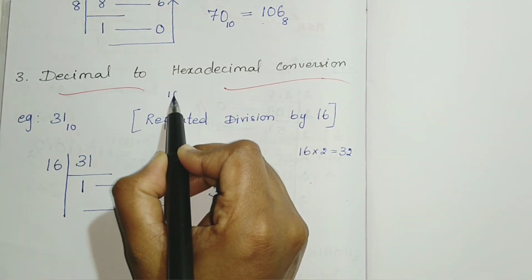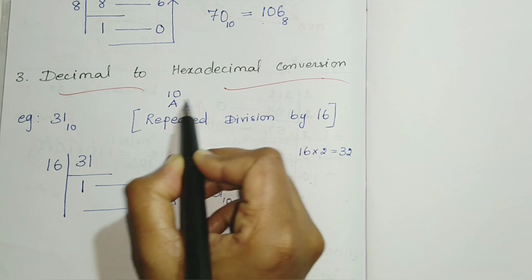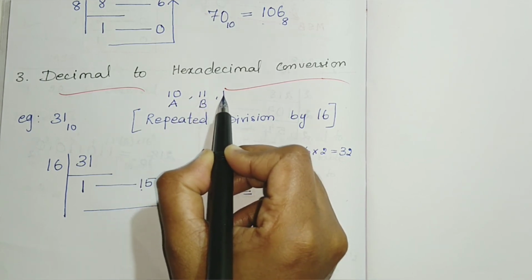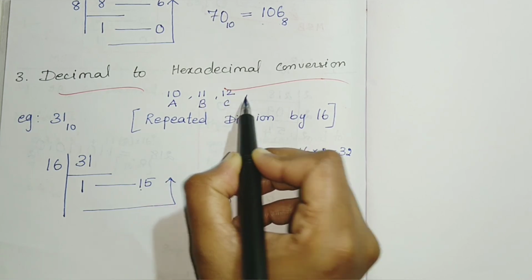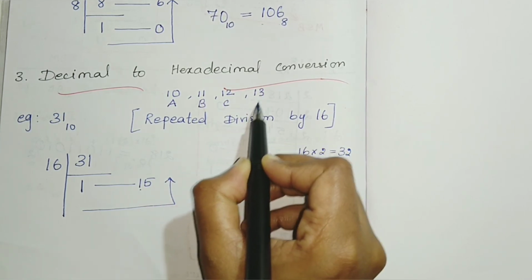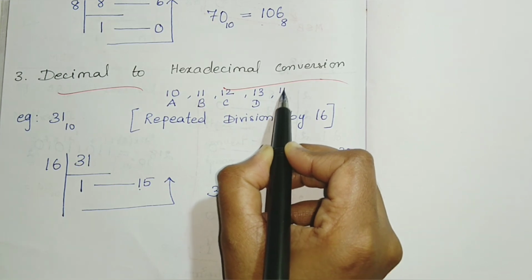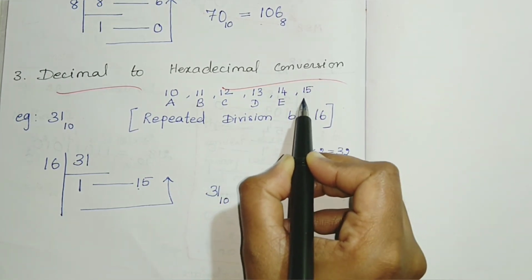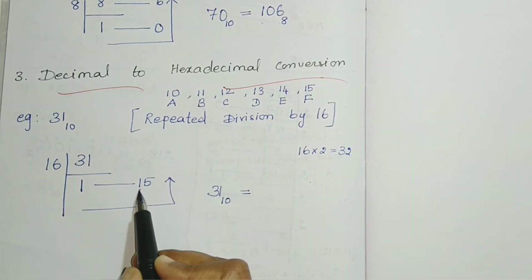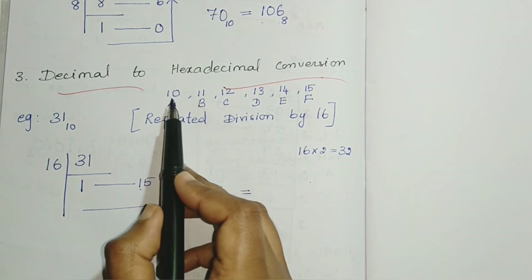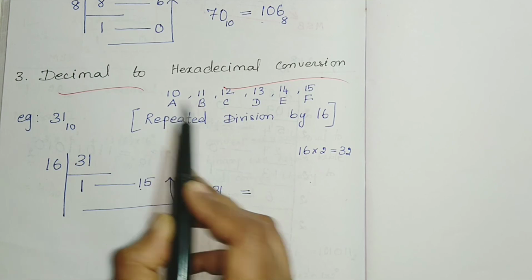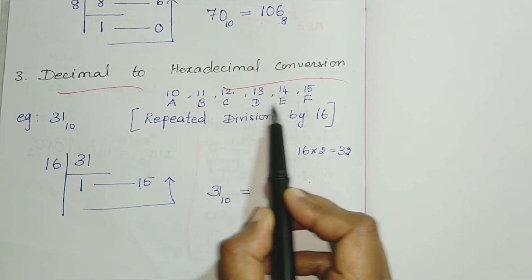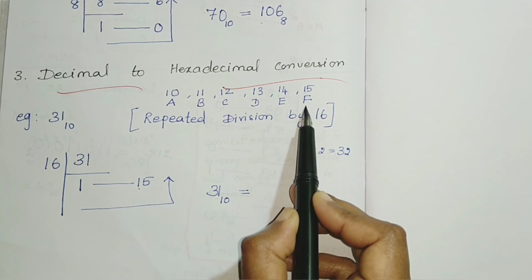So if you get the remainder as 10, you have to represent it as A, and 11 as B, and 12 as C, and 13 as D, and 14 as E, and 15 as F. If you get a remainder greater than 9, that is 10, you have to write it as A. Likewise, 11 means B, 12 means C, 13 means D, 14 means E, and 15 means F.